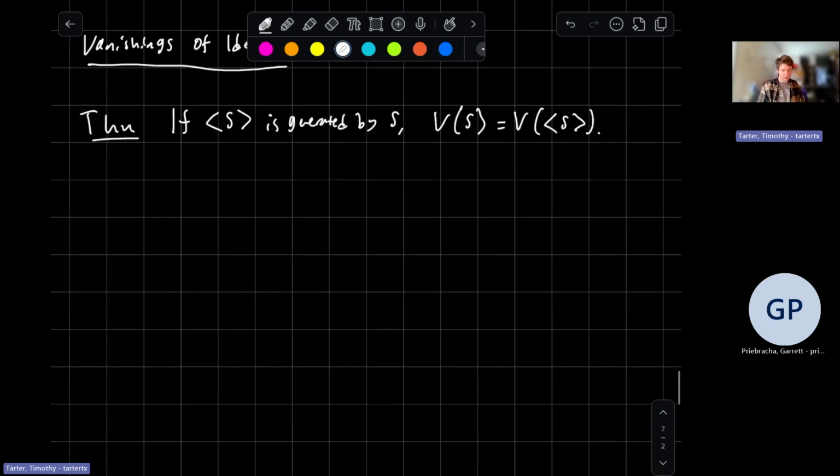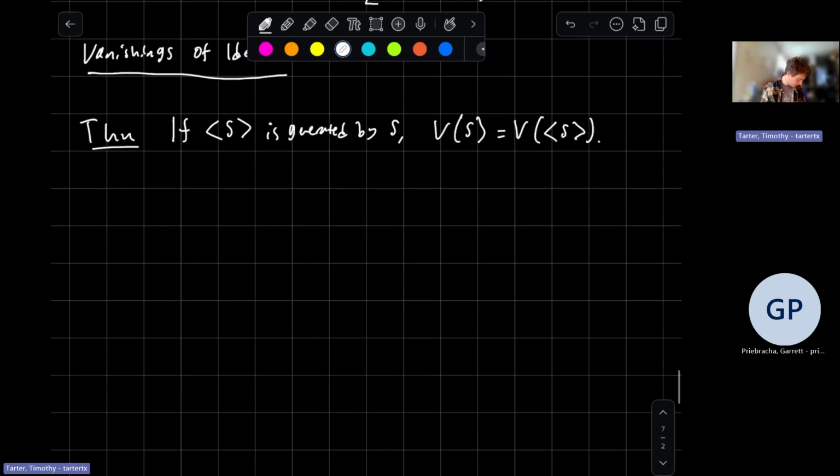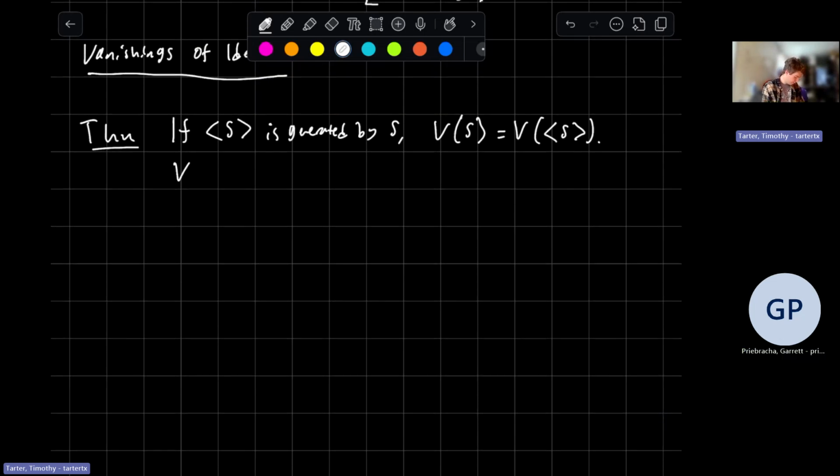This goes over to talking about radical ideals and the Nullstellensatz.